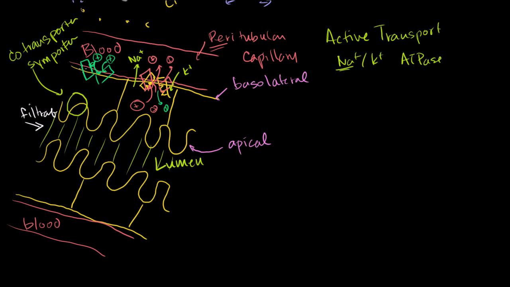So if we're actively pumping out sodium over here on the basolateral side, then we're going to have a low sodium concentration here. We're going to have a low sodium concentration there. The more we pump out, the lower this is. And eventually it's going to be lower than the sodium concentration in the lumen. So the sodium concentration gradient, if there was no membrane here, sodium would want to go across this to make up for all of the lost sodiums over here.